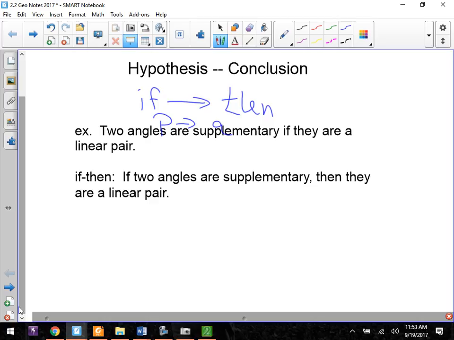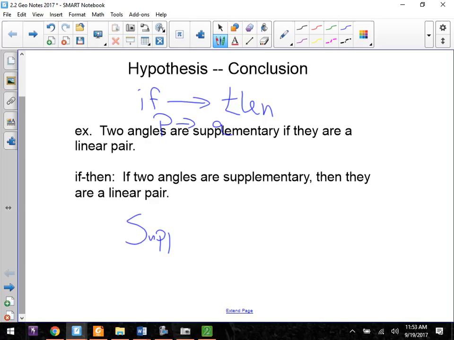Now let's get back to this idea if that's a true or a false statement. I had a couple people say true, and a couple people said false. Well, let's think about what that means. Supplementary angles are what? Okay. Linear pair are what? They're also 180, but they're more specific, aren't they? Exactly. Linear pair, they form the line, don't they?